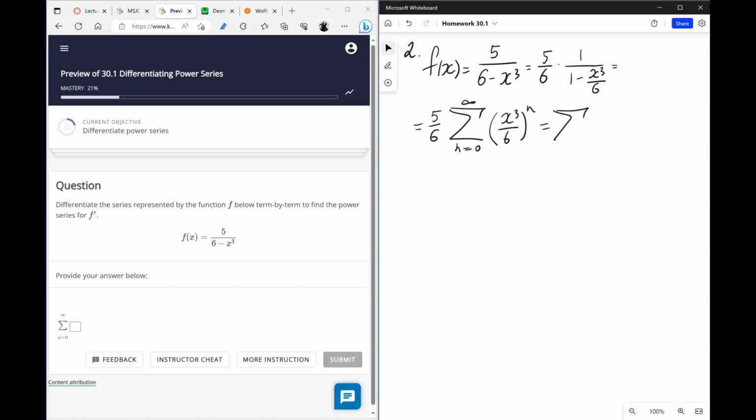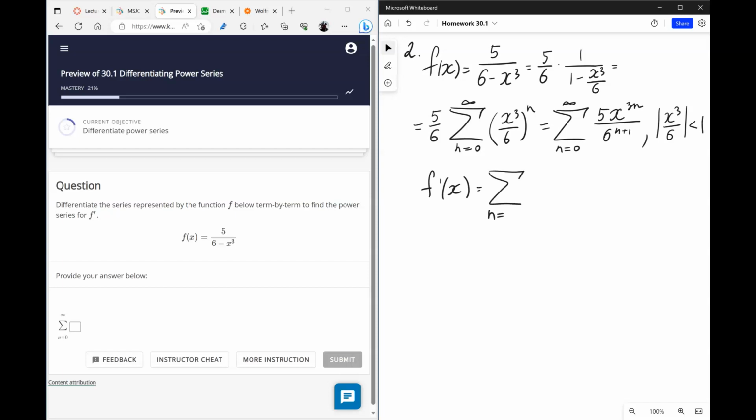Simplify. And all of this is true only when the following inequality is satisfied. And now we're going to differentiate this term by term.